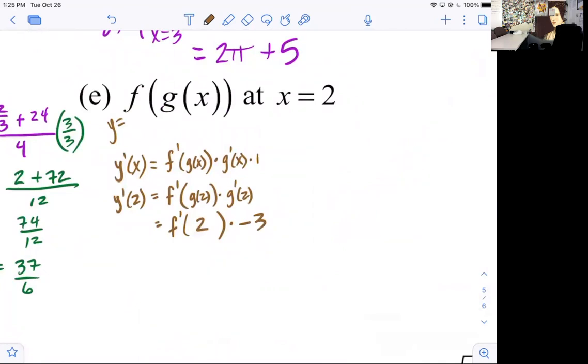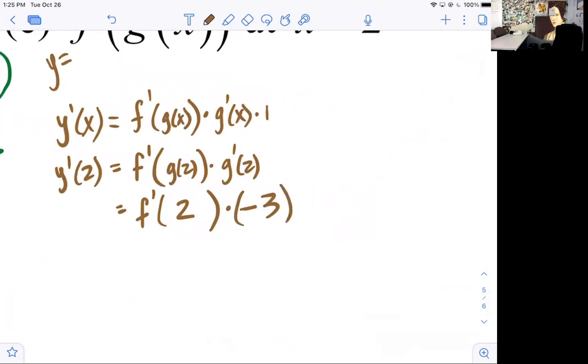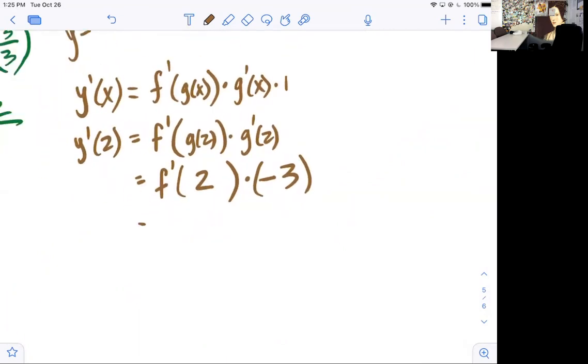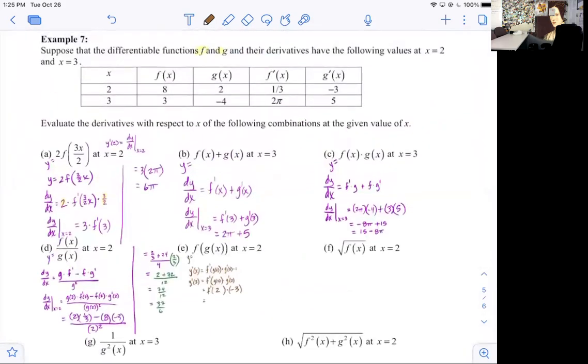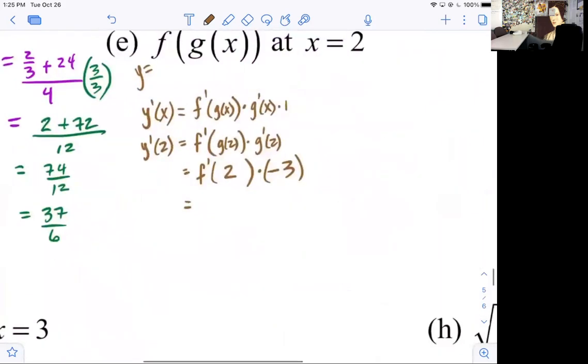I put dot negative. Now I put parentheses around it. And now I just got one more. F prime of 2. F prime of 2 is a third. 1/3 times -3. And then finally, I could stop there on a free response because finally that's numeric.